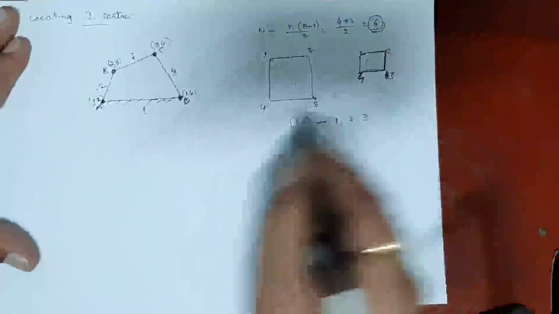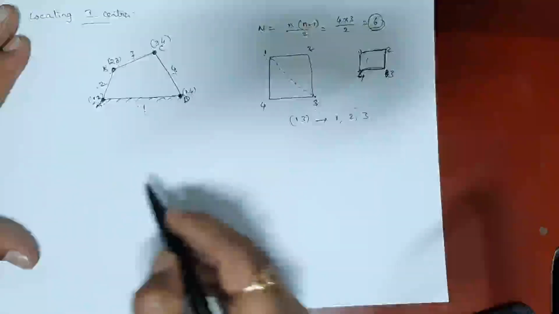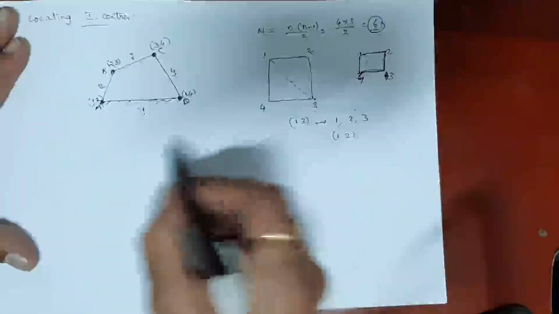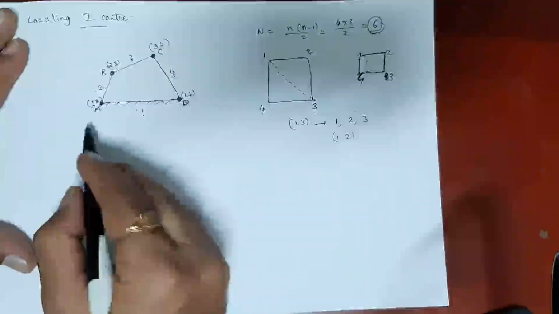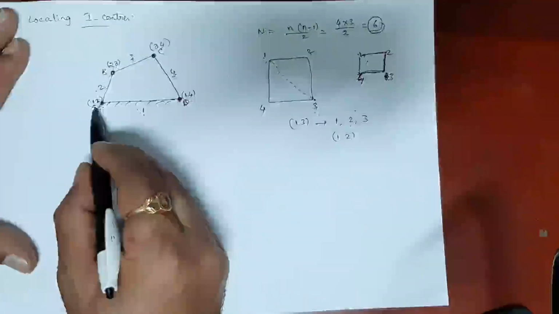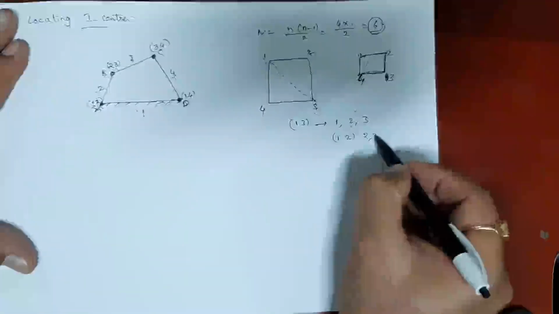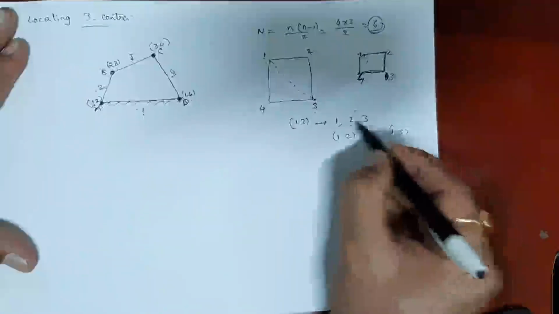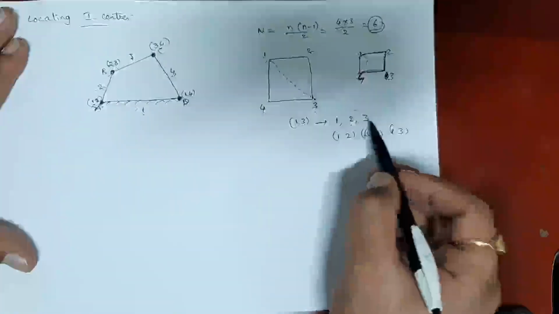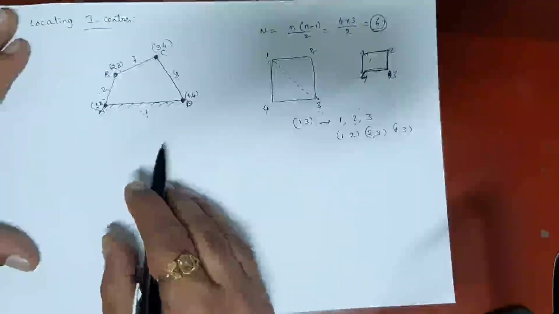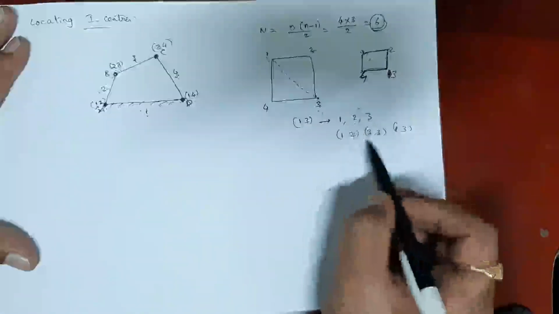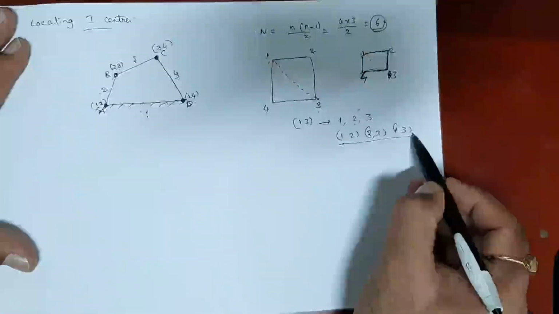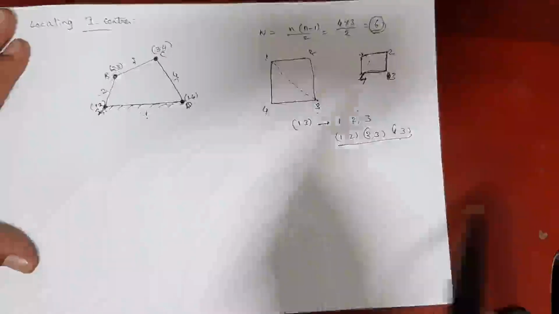If you take links 1 2 3, the 1 2 eye center we already located, and the 2 3 eye center we already have. Another eye center is 1 3. By using Kennedy's theorem, all these 3 eye centers are on the same straight line.